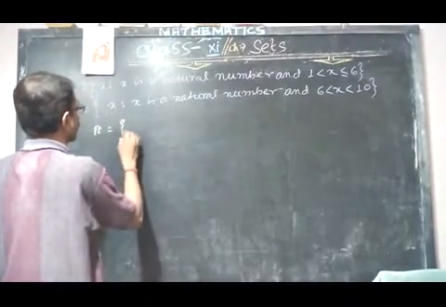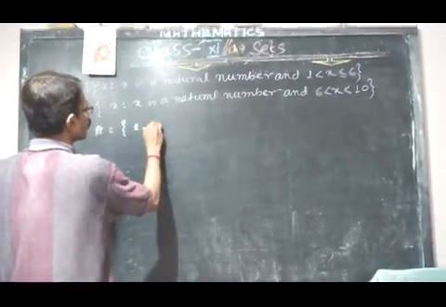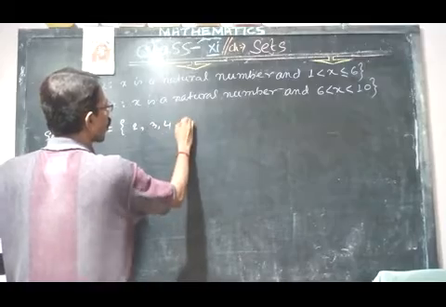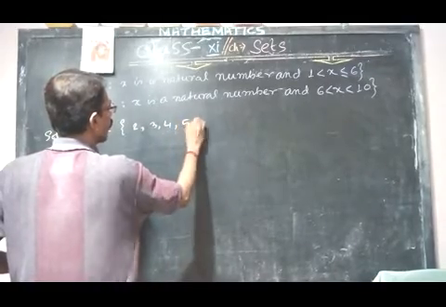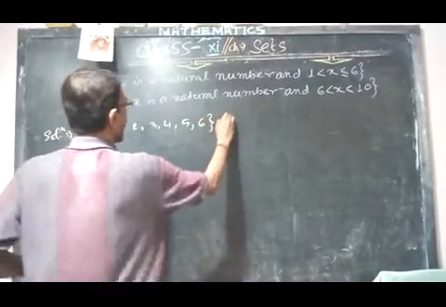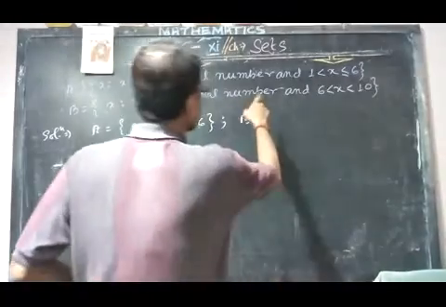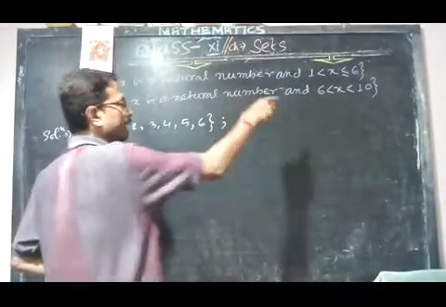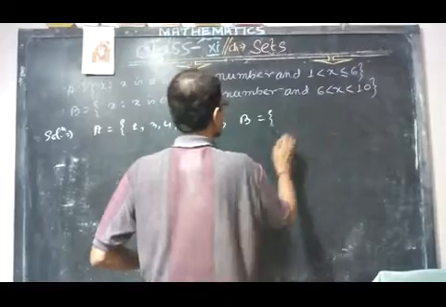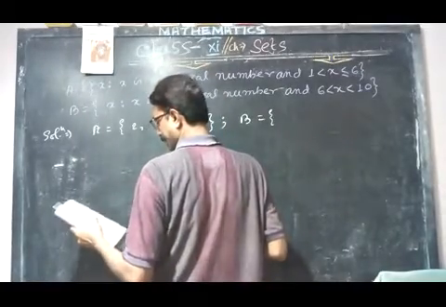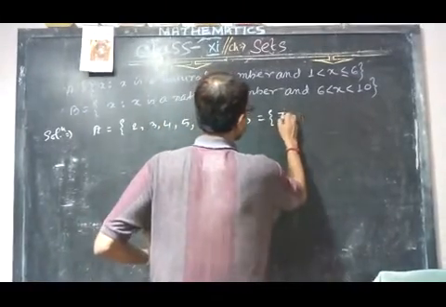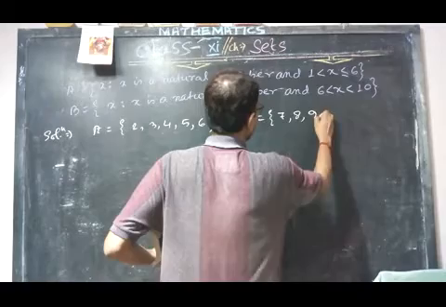That means A equals 2, 3, 4, 5 and 6. B is also natural numbers with 6 less than x less than 10, that means 7, 8, 9.